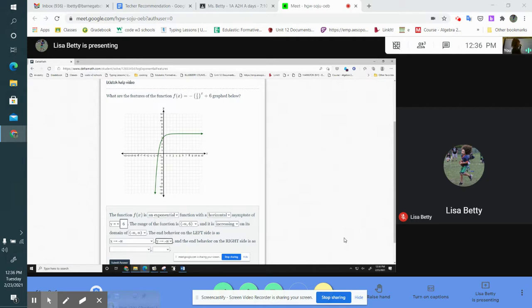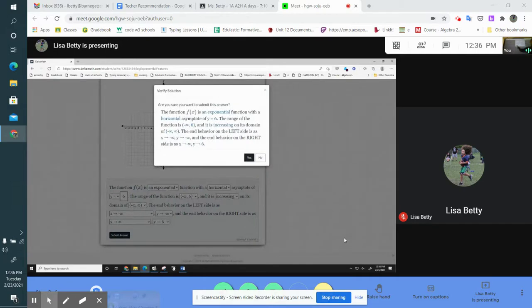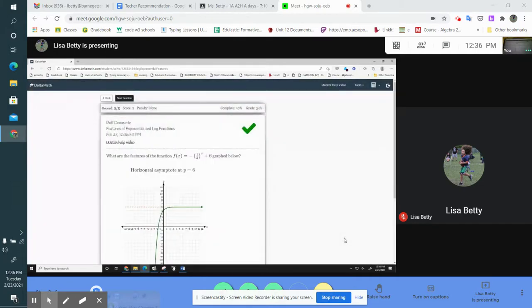And on the right side, as x is approaching positive infinity, y is getting closer and closer to 6. It's not going any higher than that. So we're going to say 6. And then we're going to click submit answer and say we believe in our work. So there's your horizontal asymptote.